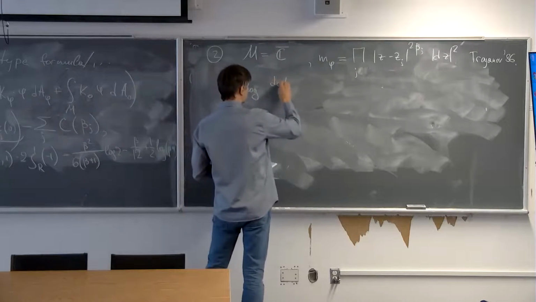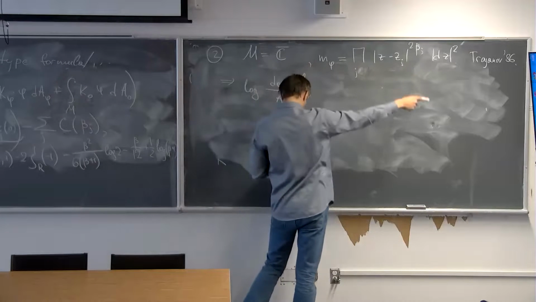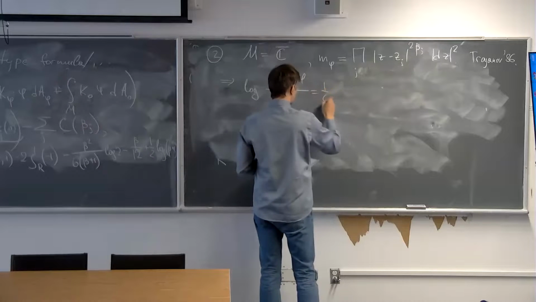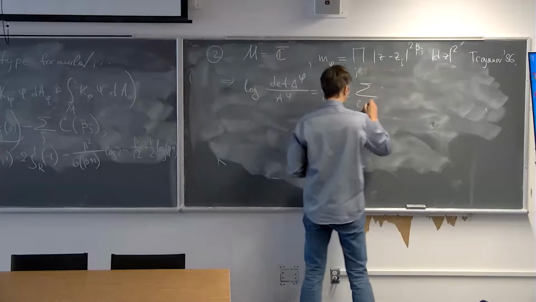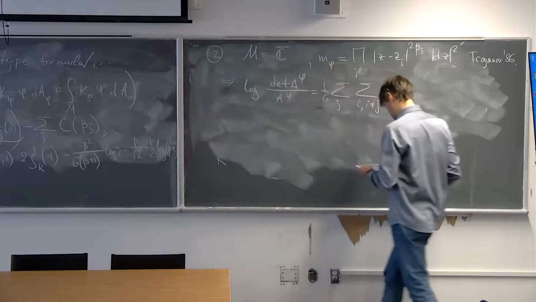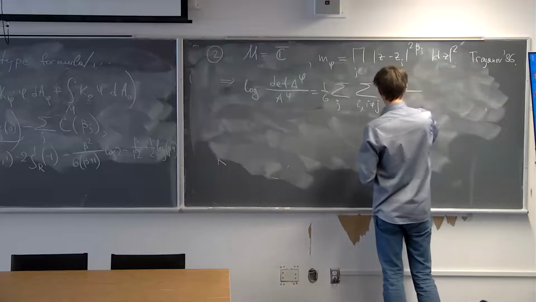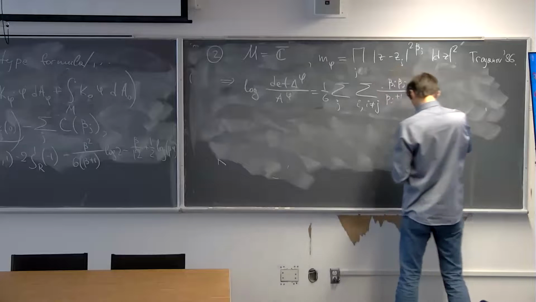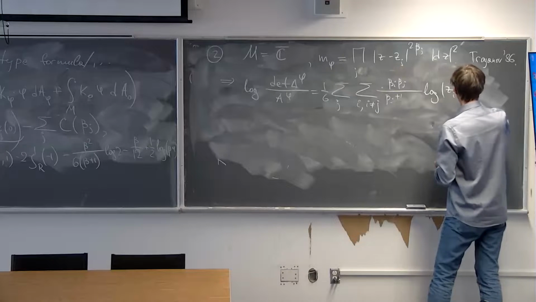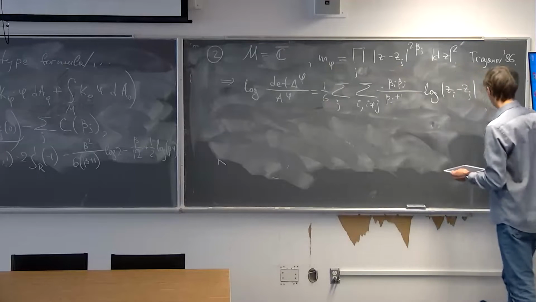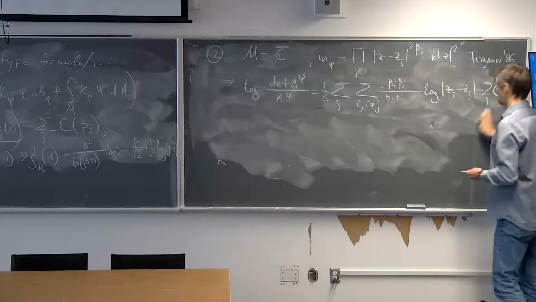So it's log of determinant of the Laplacian over the area of the Riemann sphere with respect to this metric. This is 1/6 summation with respect to j, summation with respect to i such that i is not j, of beta i beta j divided by beta j plus 1, and log of the distance between the conical singularities, and minus the sum with respect to j of those functions C at beta j.